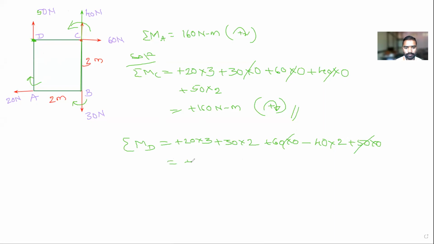How much is it? Plus 40 Newton meter. So it is also in the clockwise direction. So that is the answer. Is there any doubt? No, sir. Is it clear, everyone? Yes, sir.